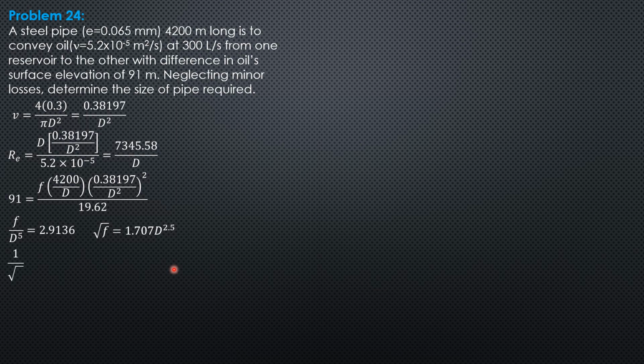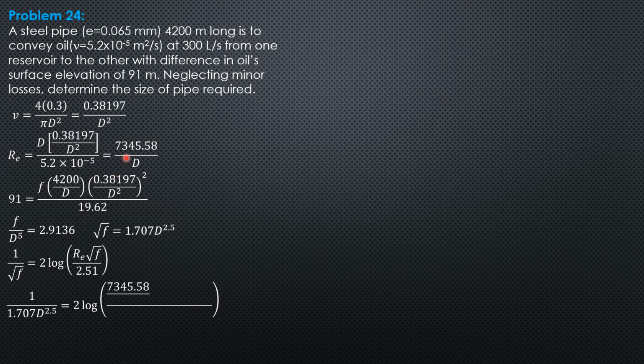Then assume a smooth pipe flow. So 1 over square root of f equals 2 log of Re square root of f over 2.51. So 1 over 1.707 d to the 2.5 equals 2 log of Reynolds number 7345.58 over d, times square root of f, which is 1.707 d to the 2.5, over 2.51.